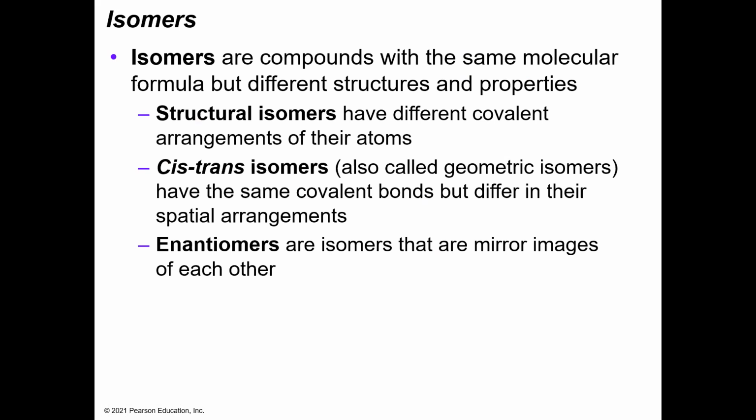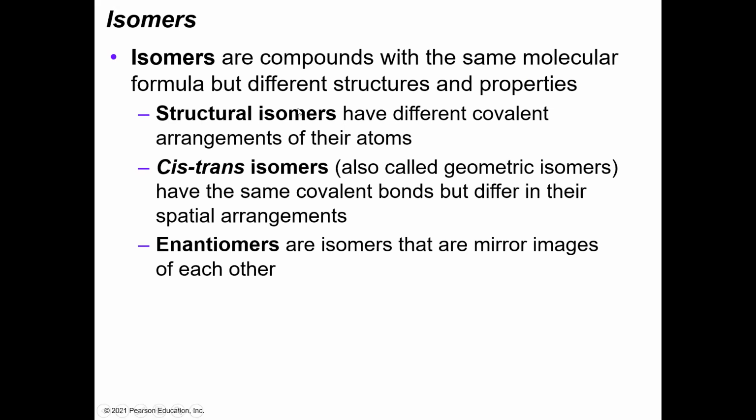Now, because of the ability to form all of these different and a variety of molecules, isomers can exist. So isomers are compounds with the same molecular formula, but different structure and properties.